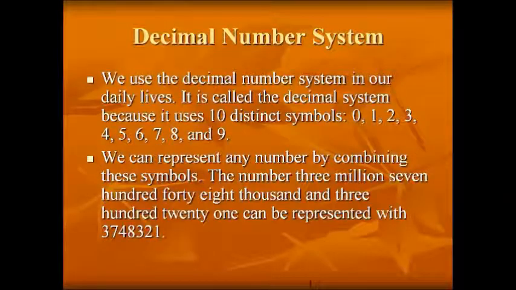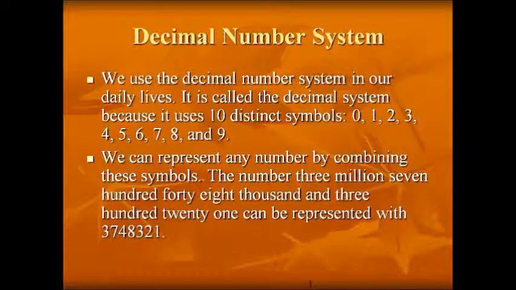So, decimal number system. We use the decimal number system in our daily lives if we want to count. You know your cell phone number, that's the decimal number system. It is called the decimal system because we use 10 distinct symbols: 0, 1, 2, 3, 4, 5, 6, 7, 8, and 9.